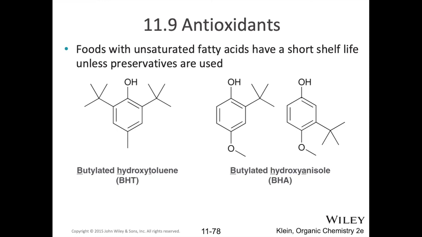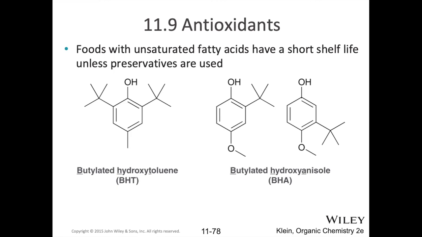So how do we prevent that? This is where preservatives come in. If you've wondered what preservatives actually do, one role of certain preservatives such as BHT and BHA is to effectively soak up radicals and stave off auto-oxidation.